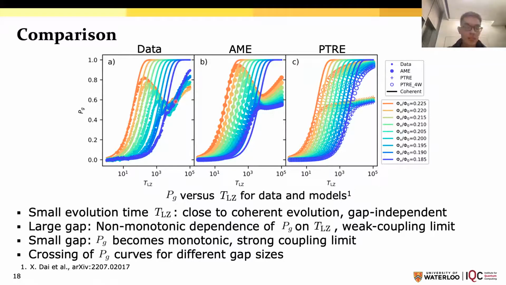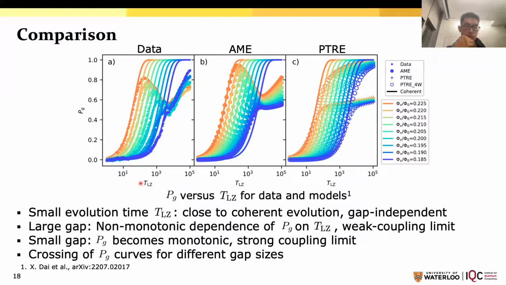So I'm still not sure that the AME describes all the short evolution time, and I think the short evolution time data is just not distinguishing enough.